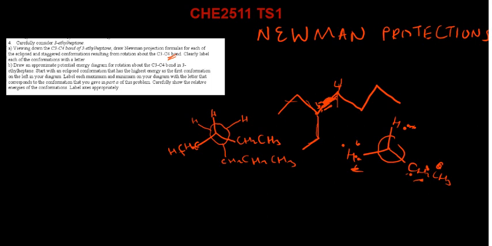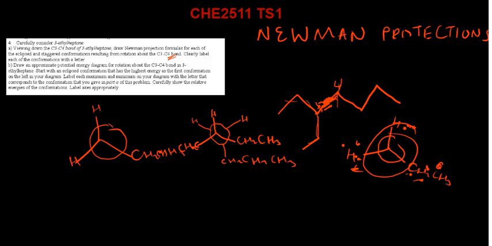But I like maintaining this front structure. If I've drawn my H here and my other H here, and another group here, I like maintaining this structure and rotating the groups at the back.